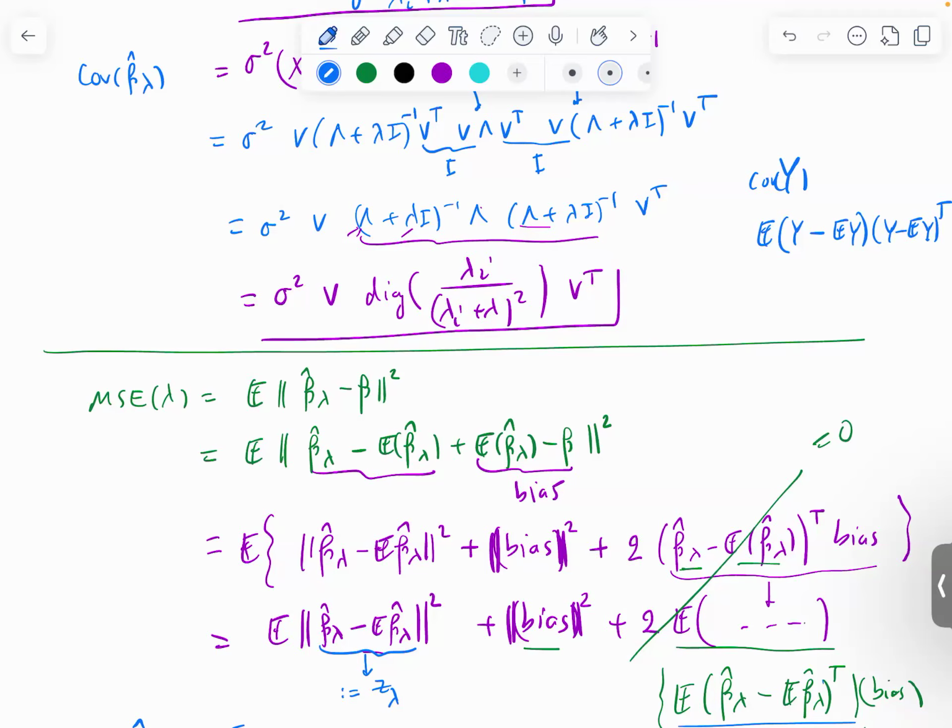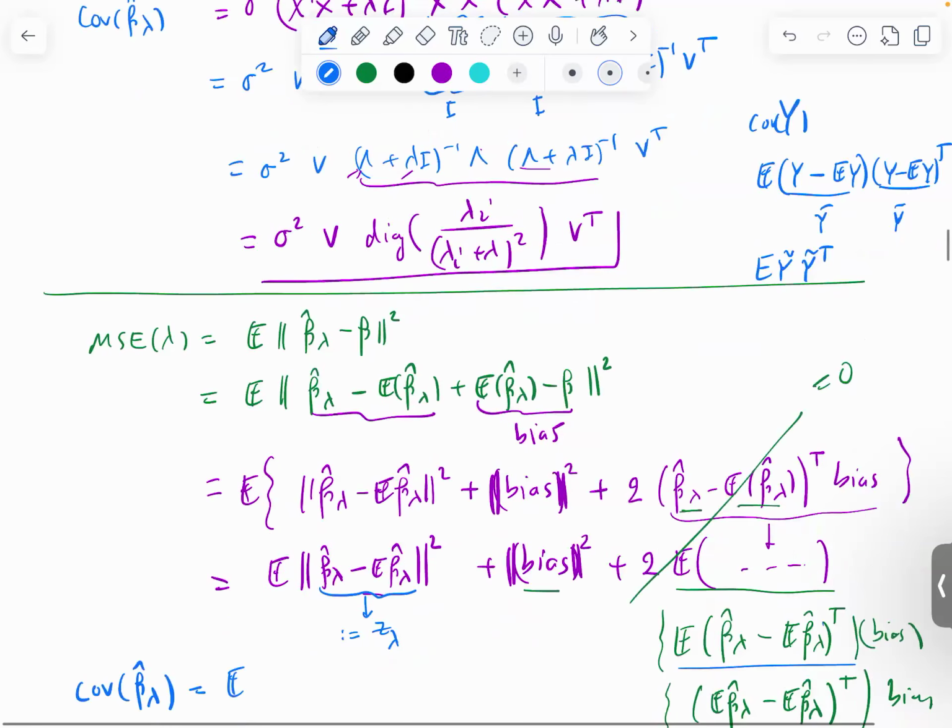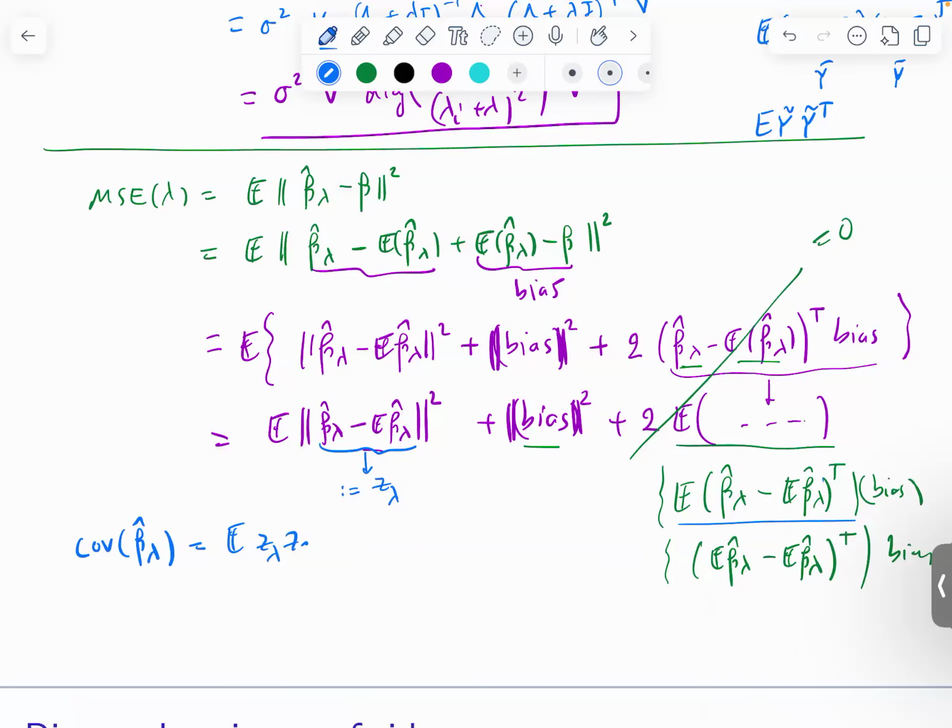Yes, so y minus the expected value of y is the centered version. That's what I call z, and in that lecture we called this y tilde. And then the same thing transpose. So you get the expectation of the centered vector times itself transpose. That's the definition. So I call this z, so this is going to be z lambda transpose. So beta hat lambda minus its expectation is the centered version. That vector times its transpose, the expectation. Okay, that's what I was looking for. This is the definition of the covariance matrix.